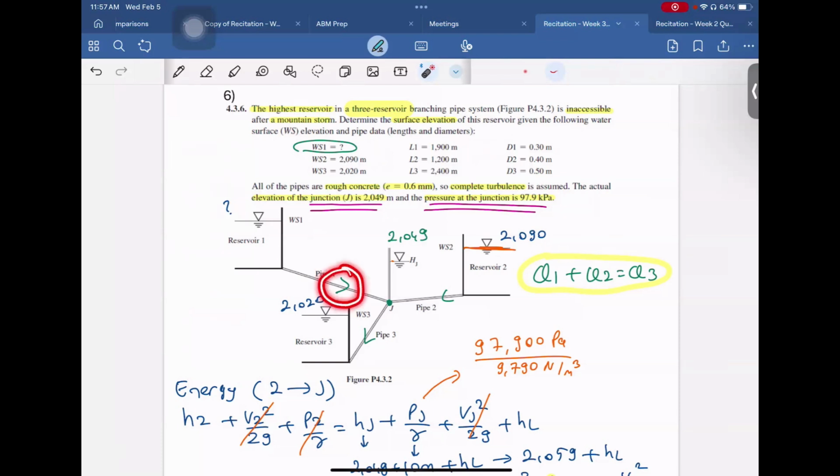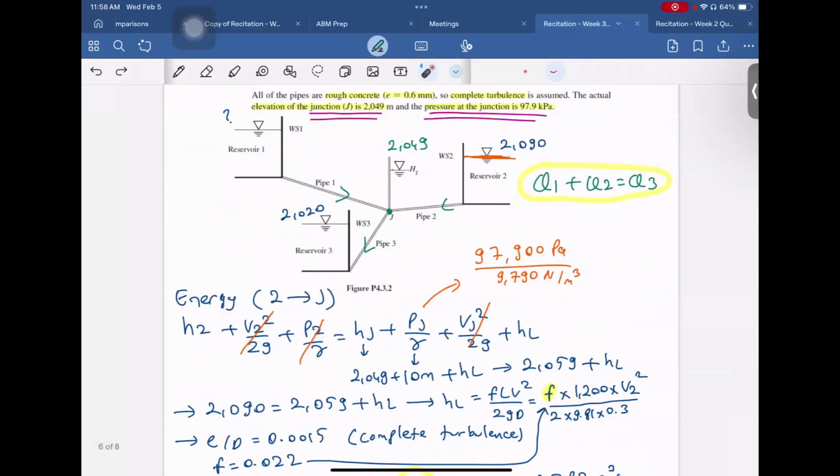So we said that since this point is lower than water surface 2, water is moving from reservoir 2 to this junction, and also from reservoir 1 to the junction again. And they are merging here, and the combination of these flow rates is going to here. So this gives us the equation Q1 plus Q2 is equal to Q3.